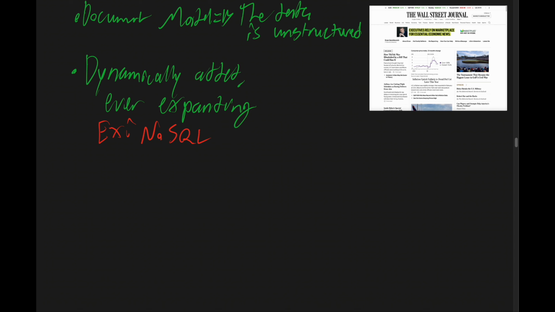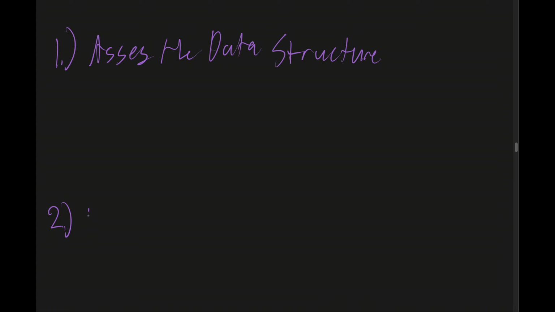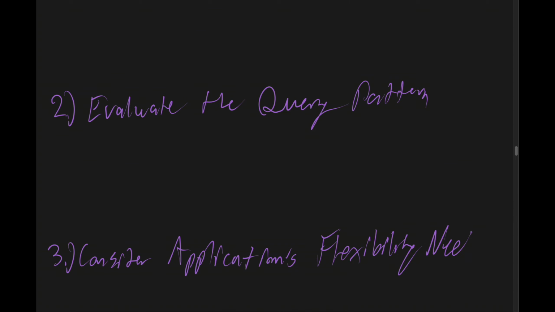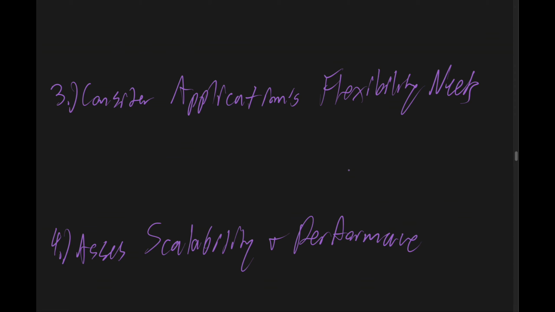And the elements for us to consider applying a data model are going to be the following. 1, we always need to assess the data structure. 2, evaluate the query pattern, 3, consider application's flexibility needs, and 4, assess scalability and performance. Now, these parts are going to be focusing on the document model as a whole.